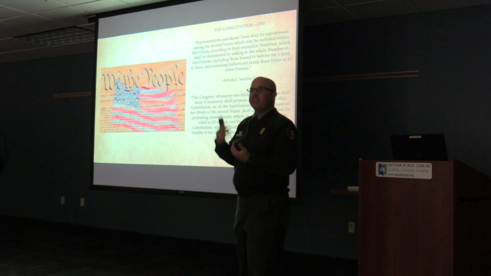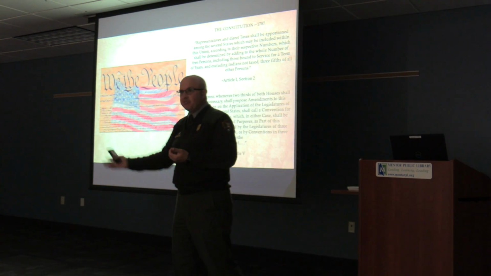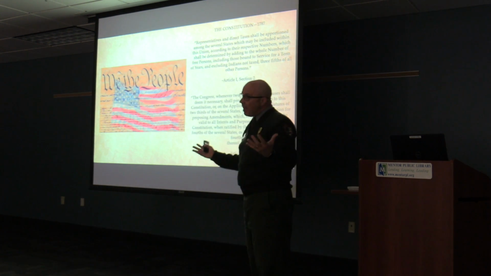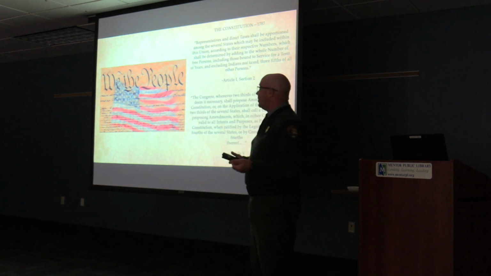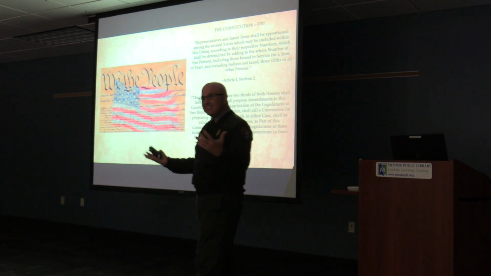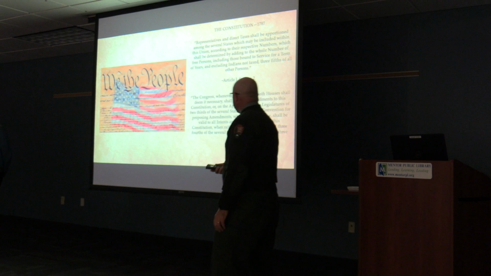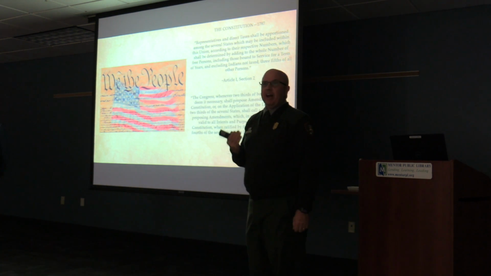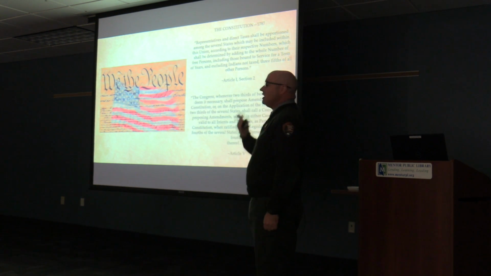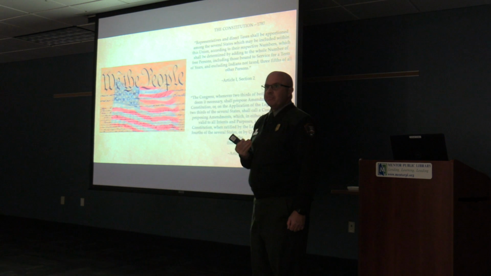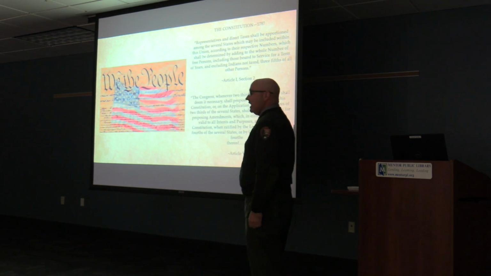So they were going to have to leave it to a future generation to figure out, which obviously did happen at the cost of 720,000 American lives, but it did eventually happen. So the greatest thing about the Constitution is the acknowledgement that it is not perfect, it is a living document, and it can be changed.